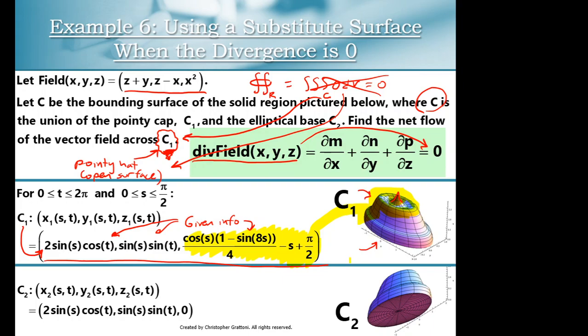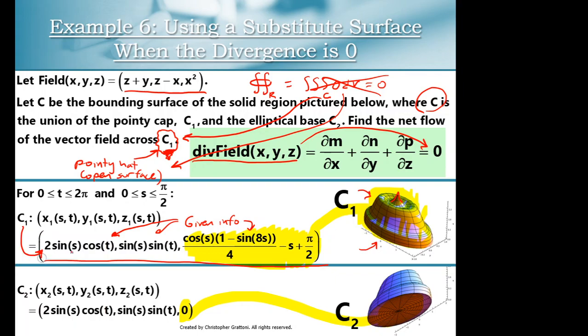It's what makes it have this ring around the middle here, and this brim around the bottom. All of the interesting height that you see inside of this hat comes from this z-coordinate. So if I want to make this elliptical base, take the same parameterization from C1, but just throw a 0 in for the z-coordinate, and I've now made an elliptical base.